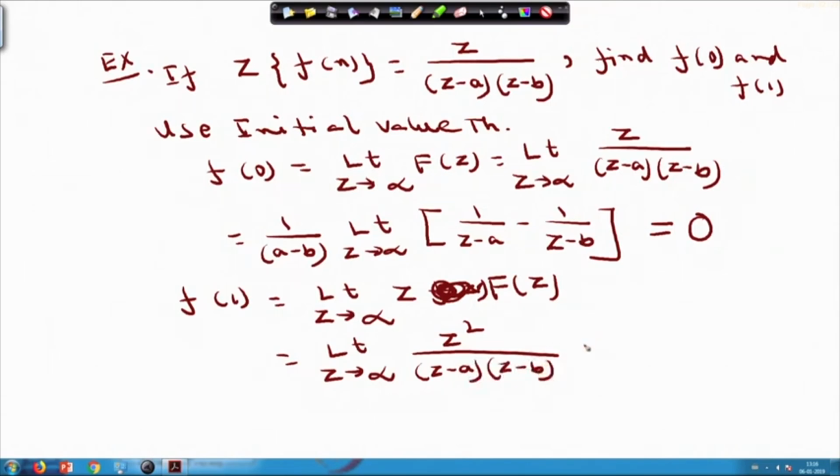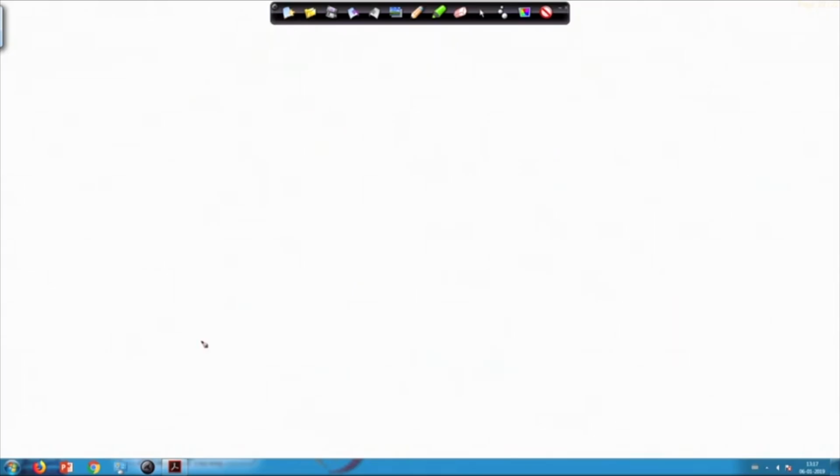To evaluate the limit, I can divide both numerator and denominator by z square, and in that case I will obtain the result that f of 1 is 1. Therefore, by the initial value theorem I am saying f of 0 is 0, and using the property that f 1 equals limit z approaches infinity z F(z), and by evaluating the limit, we are saying that f 1 is equal to 1.